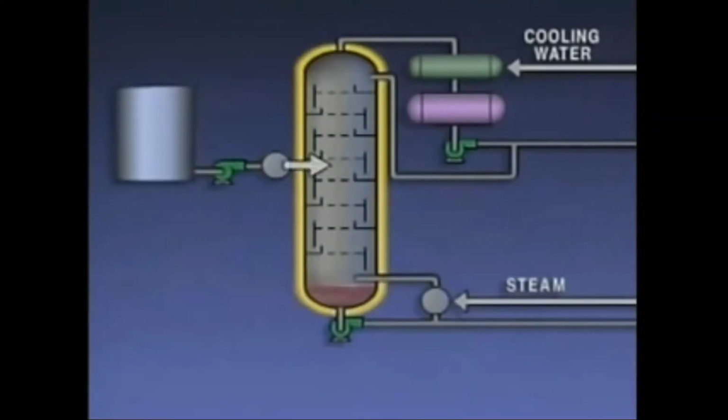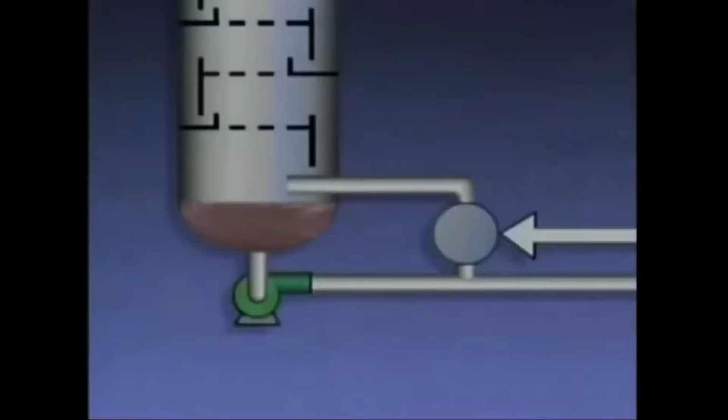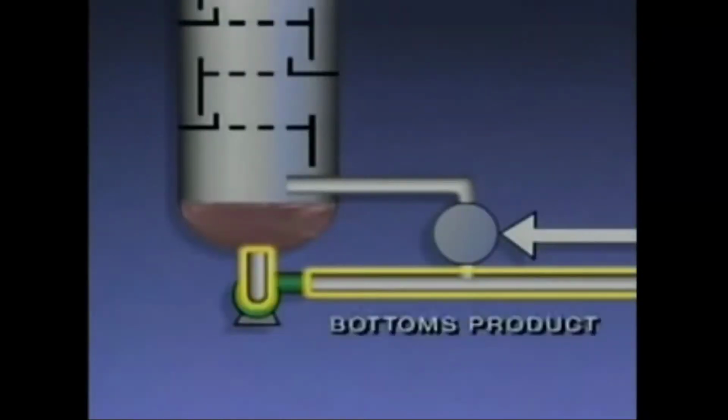So when the feed enters the tower, it starts to boil. The vapors from the boiling liquid, which primarily contain the lighter components in the feed, rise in the tower. The remaining liquid, which consists primarily of the heavier components in the feed, moves down the tower and collects at the bottom. Some of this liquid is drawn off as the bottom's product.